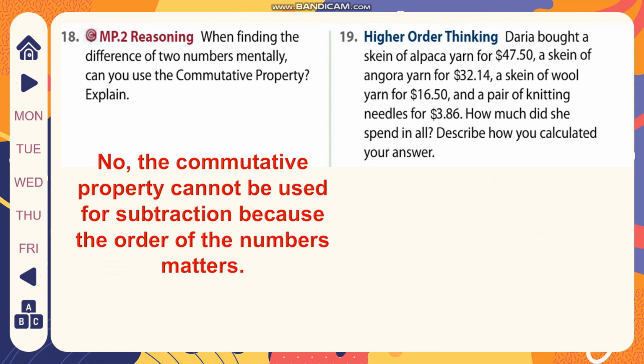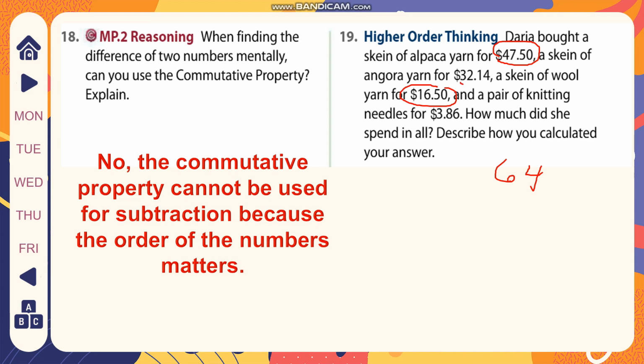So if I'm going to answer this mentally, it is easy for me to add these two because they both end in zeros. So 16.50 plus 47.50, 0.50 plus 0.50 means 1 whole part. Then plus 47, that is 48, plus 16, that is 64. So I have 64 for these two.